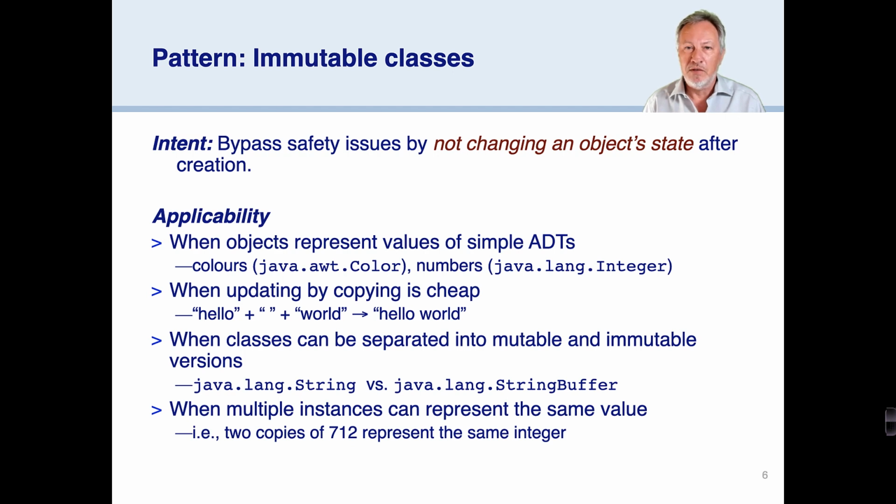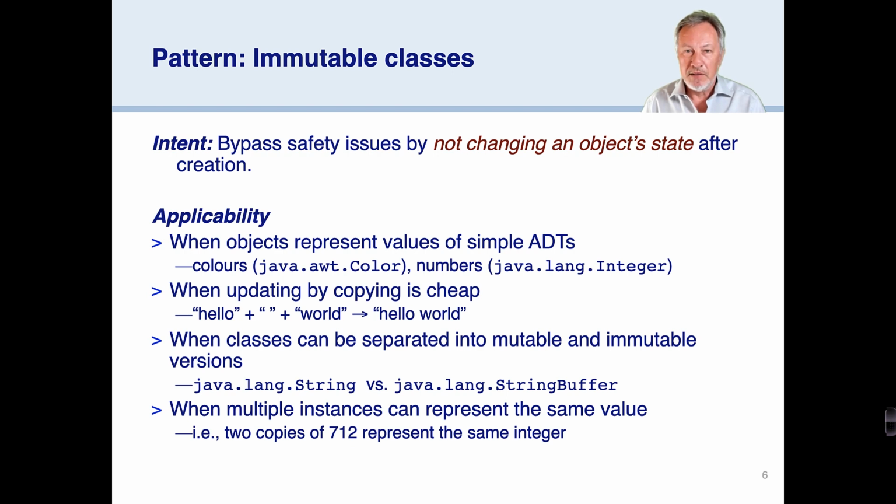On the other hand, with the string buffer, you simply have a single object where stuff is added to the end, and once you're done, you can say, okay, now convert that to a string for me by invoking toString. So in such cases, you can have as a default the immutable class and then a mutable version of the same class for the situations when you really need to be able to make incremental changes.